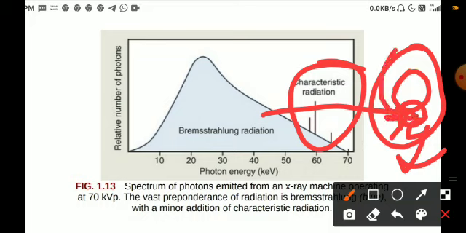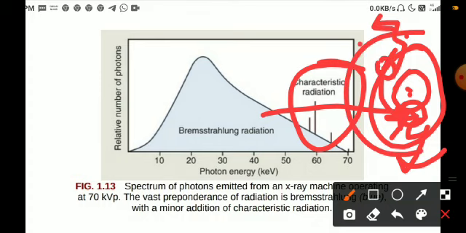When the higher orbital electron goes to the lower orbital, the energy is released in the form of characteristic radiation because of their difference in the binding energy. The difference in binding energy, that energy is the characteristic radiation. This vacancy is also filled by the higher electron and the radiation is produced.